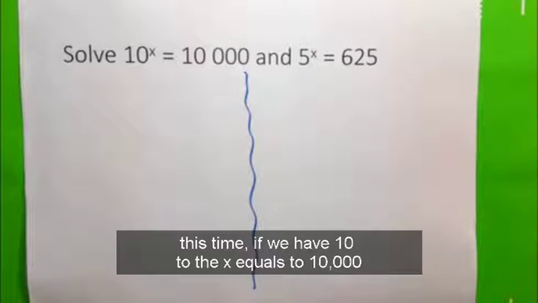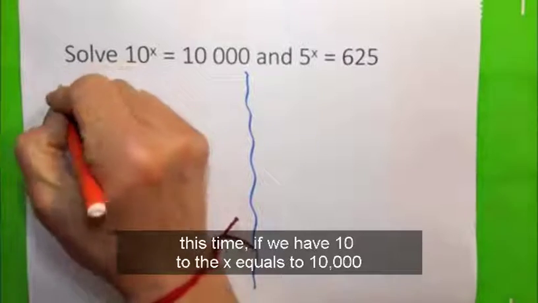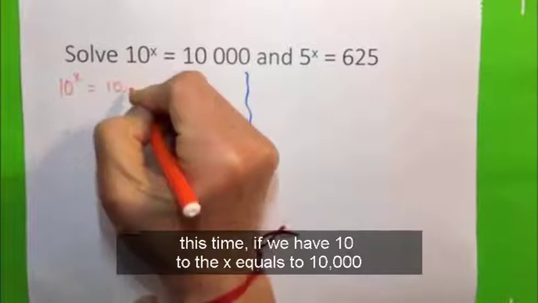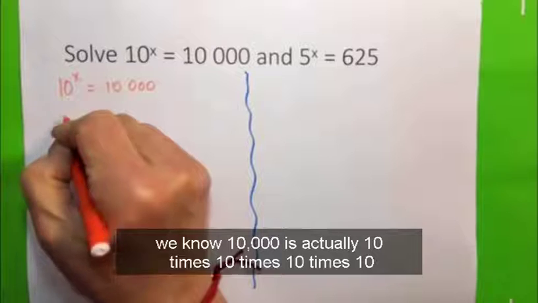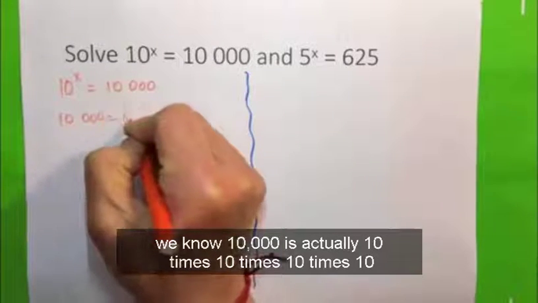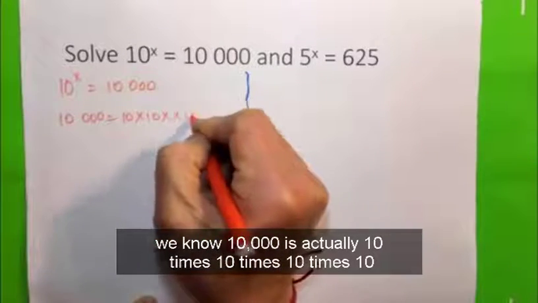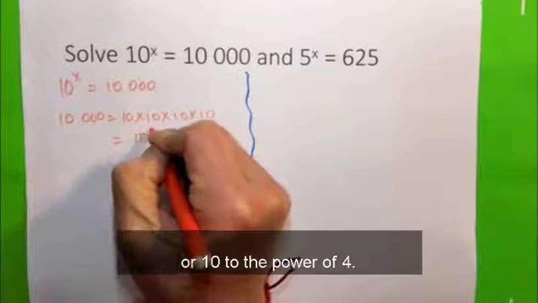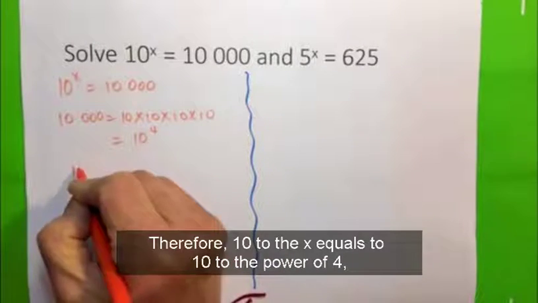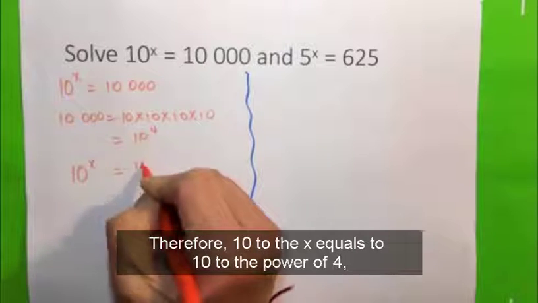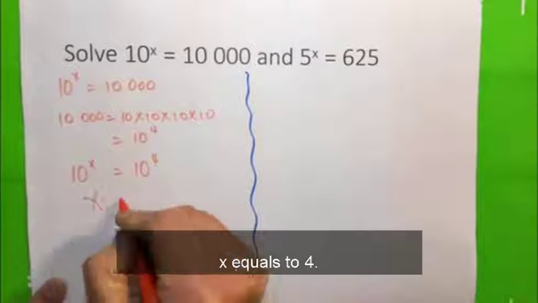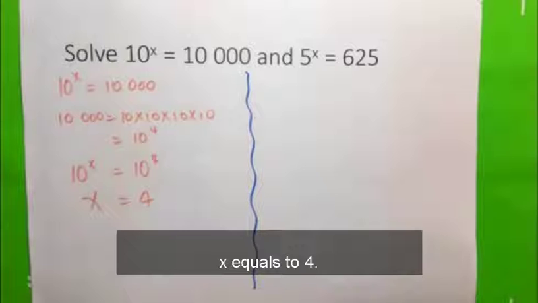This time, if we have 10 to the x equals 10,000, we know 10,000 is actually 10 times 10 times 10 times 10, or 10 to the power of 4. Therefore, 10 to the x equals 10 to the power of 4, x equals 4.